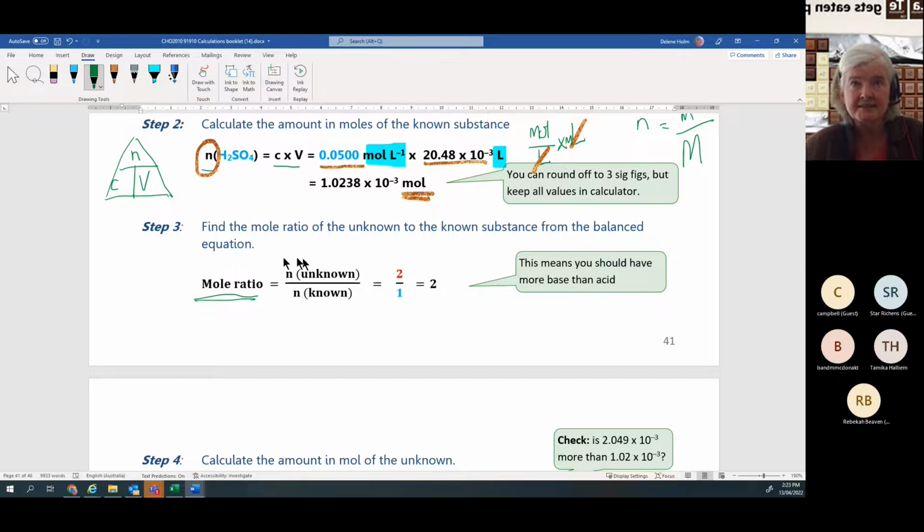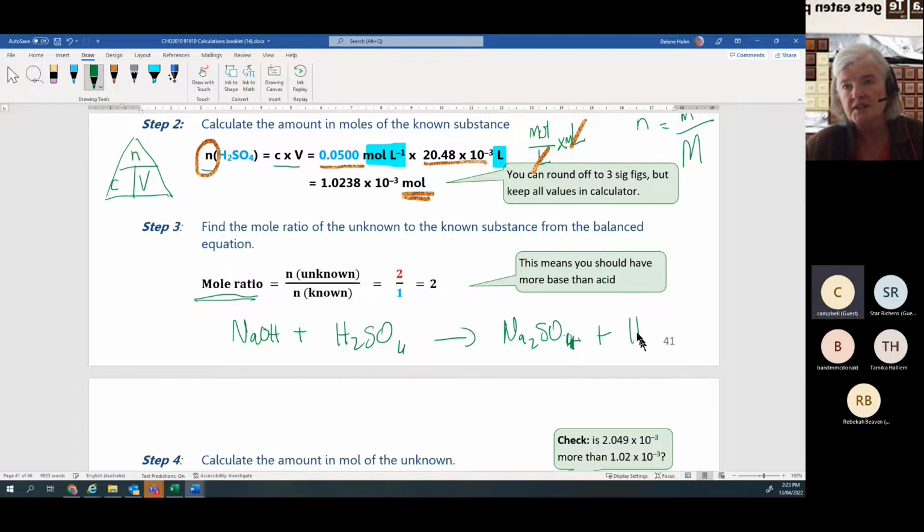So in this case, you were given the balanced equation further up, but I'll just rewrite it. Here it was sodium hydroxide plus sulfuric acid gave you sodium sulfate plus, so it's supposed to be a 4 in case you can't see it, plus water. And I need 2 of those to balance.